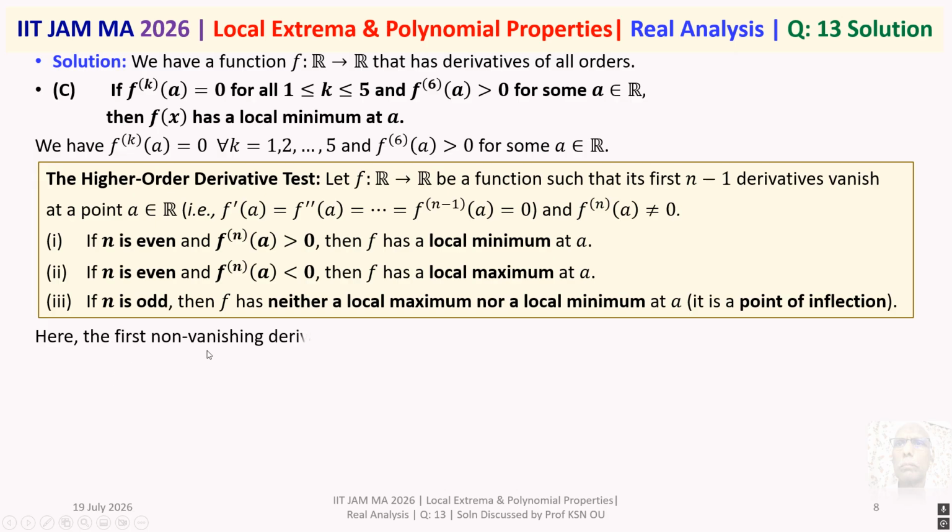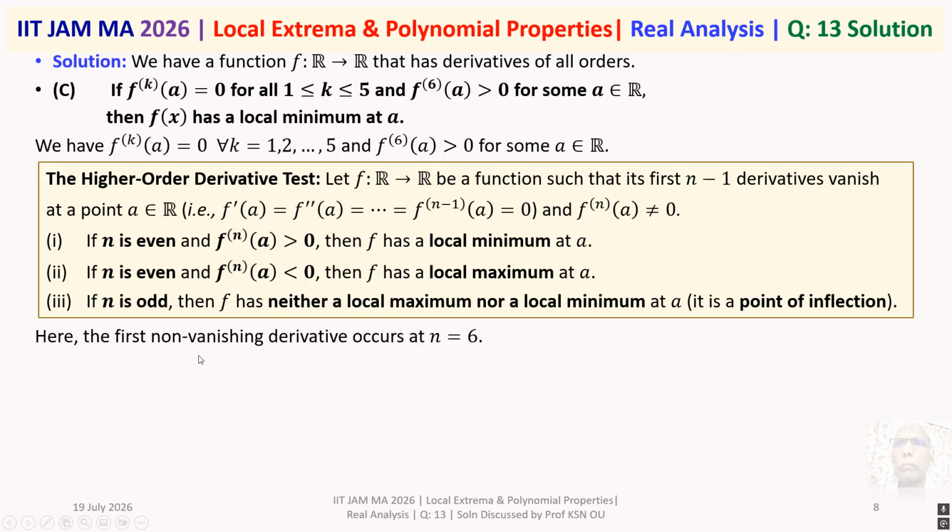Here, the first non-vanishing derivative occurs at n is equal to 6. The sixth derivative of f at a is positive, and all the derivatives below that at a will be zero.